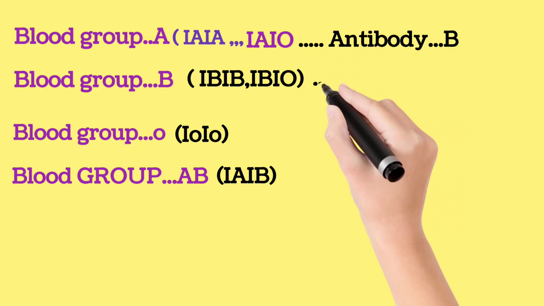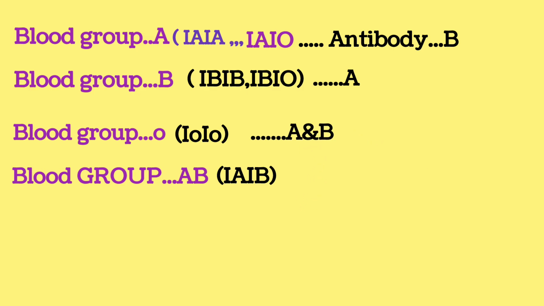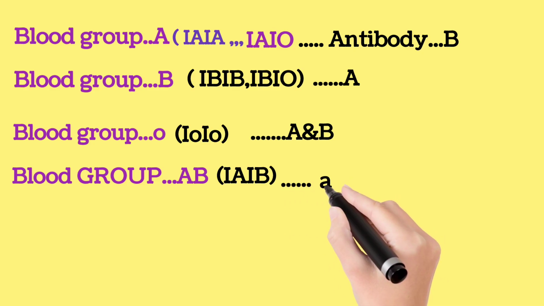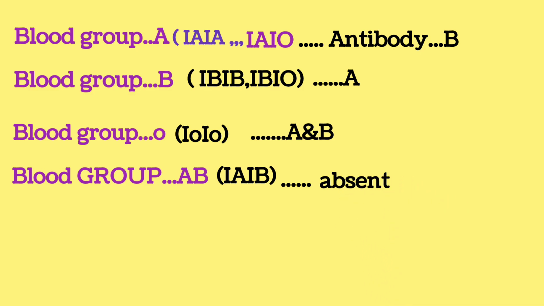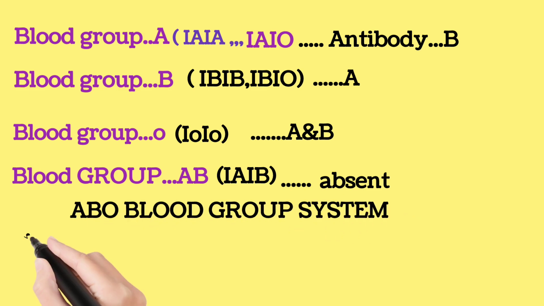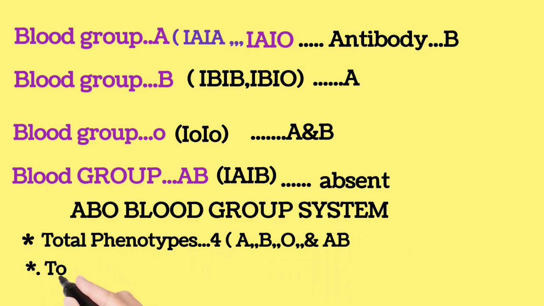Now we can add antibodies. A has B antibody, B has A, O has both, and AB lacks antibodies. We can say both antibodies are absent. Now here we can conclude and add very important points to the topic: in the ABO blood group system, total phenotypes present are only 4.